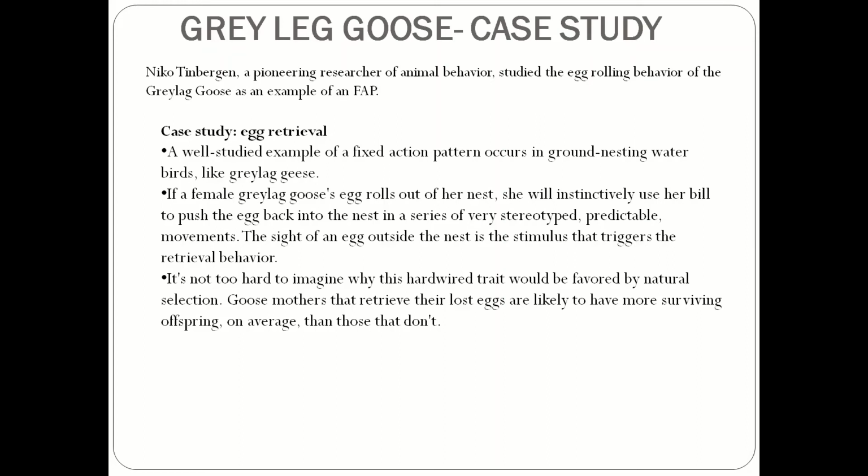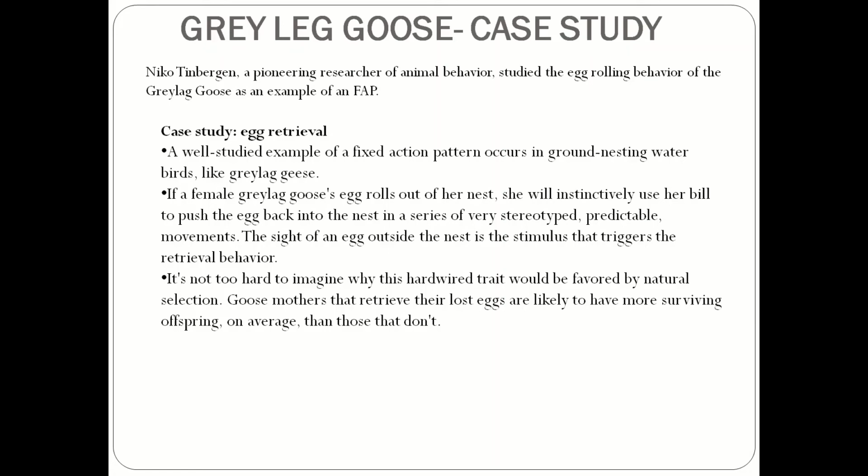So if the egg has rolled out, the mother won't be able to incubate. And when the mother won't be able to incubate, the egg won't give rise to a chick. So that's why it increases the survival value. If an egg has rolled out, the female pulls it back. But the female has never seen that action before. She does it instinctively.